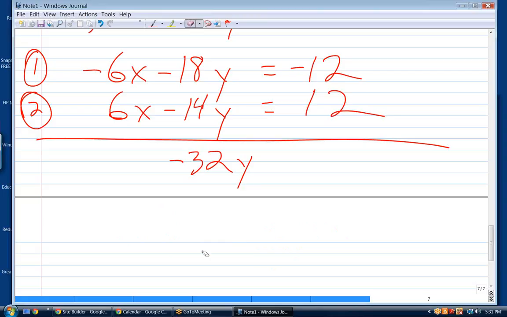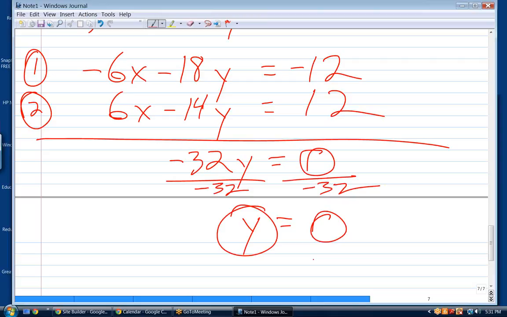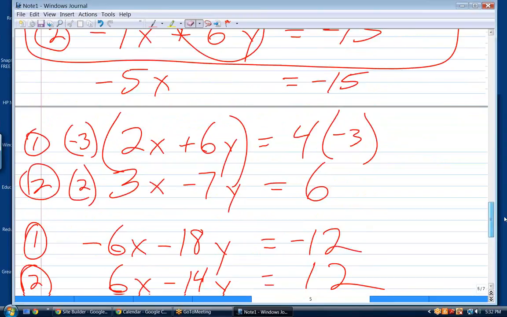And what do we get on the right side? 0. So what is y equal to? Negative 32. No. I have to divide both sides by minus 32. Leaves y all alone on the left. The right side is still 0. 0 divided by negative 32 is 0. Okay, so I have one solution, y equals 0.